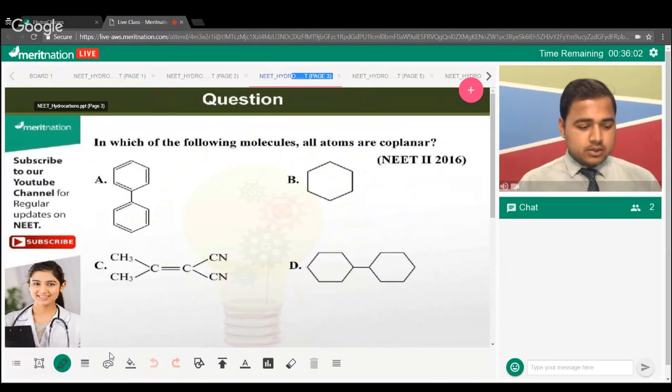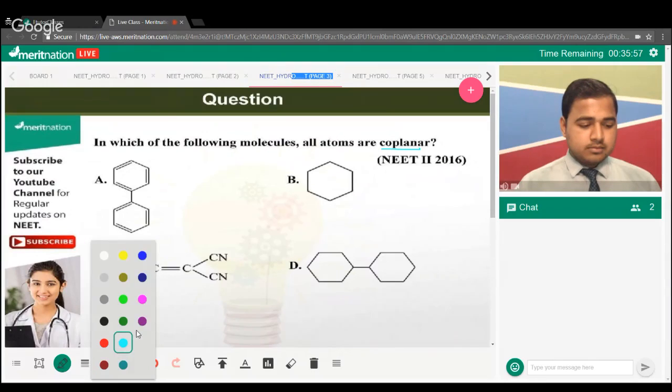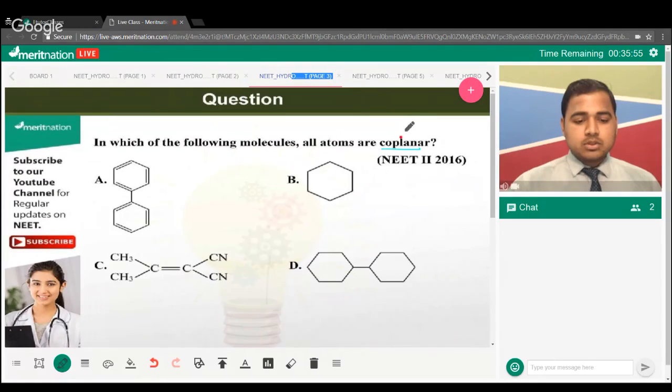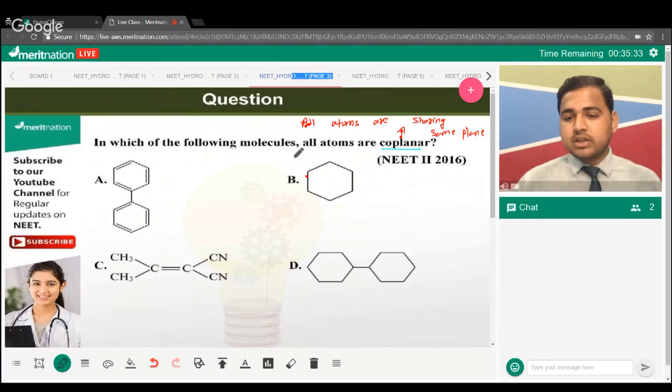Okay, so coplanar means all atoms are sharing the same plane.